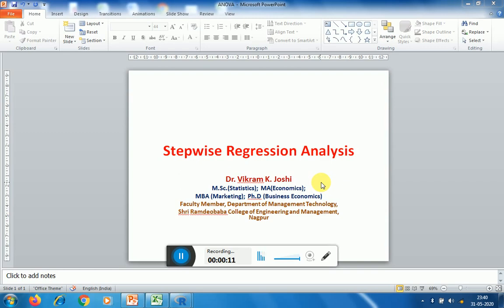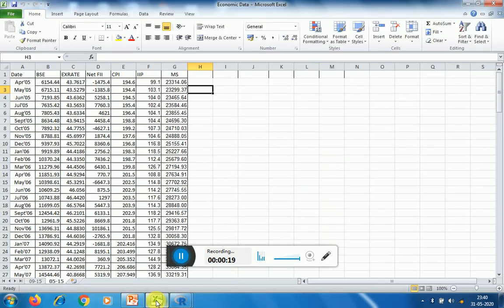Welcome to the lecture on stepwise regression analysis using R. Now in stepwise regression analysis, again we are going to use the data which we used in our previous lecture, that is multiple regression analysis. So here you can see BSE Sensex, exchange rate, net FII, CPI, IIP and MS, that is money supply, index of industrial production.